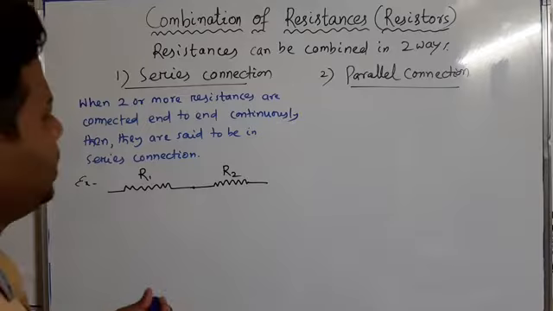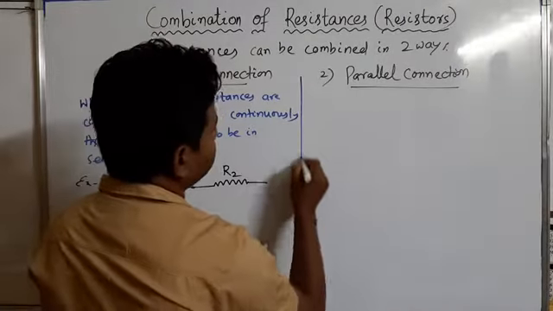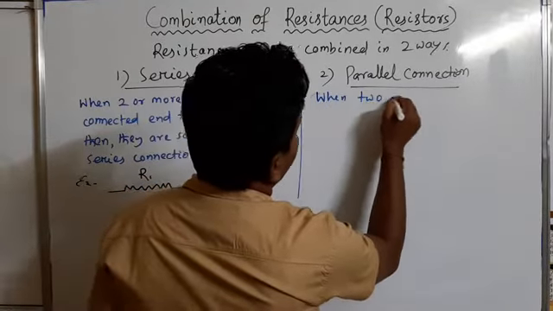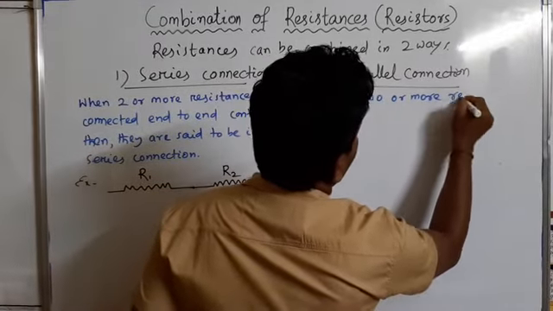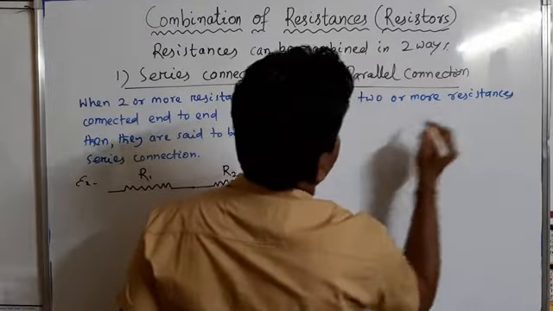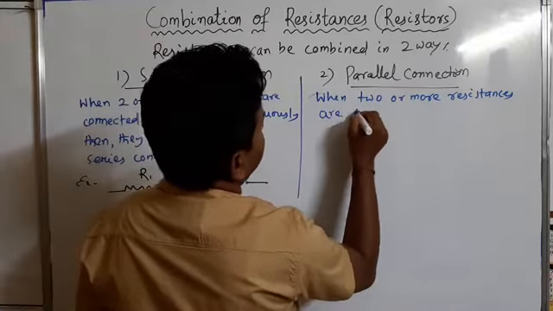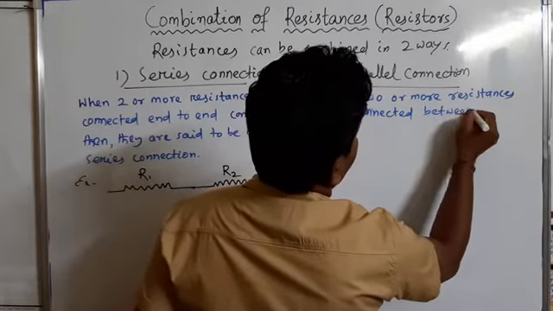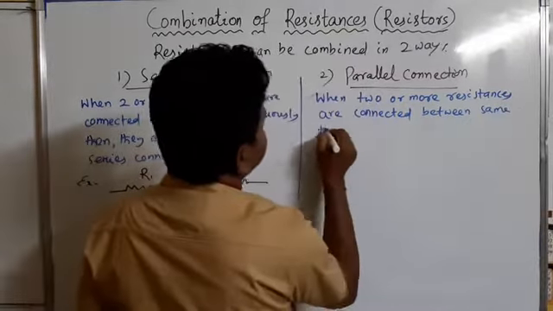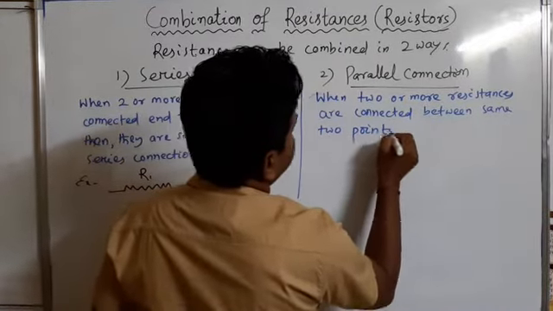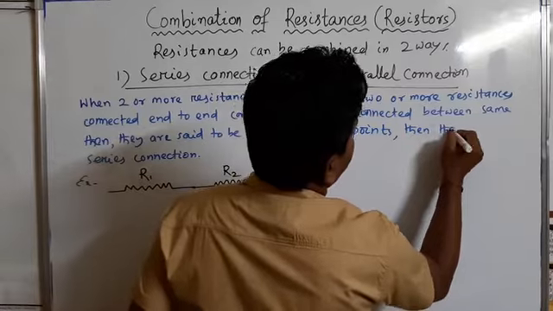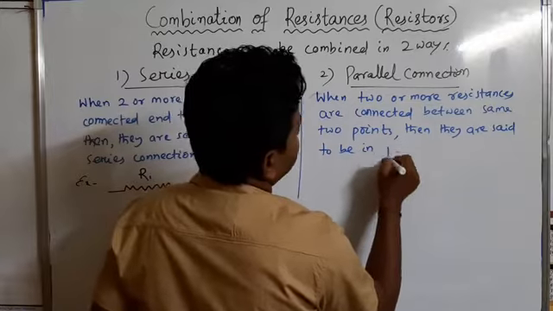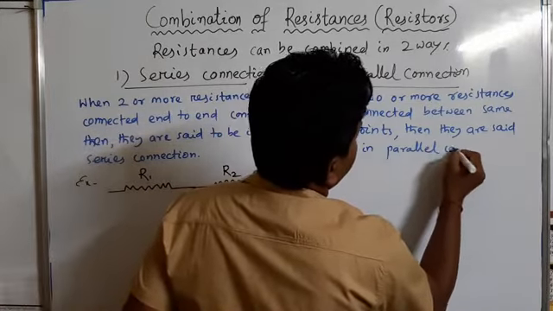But if you compare to the parallel connection, when two or more resistances are connected between same 2 points, then they are said to be in parallel connection.